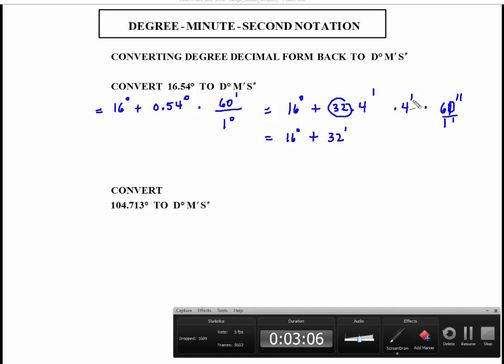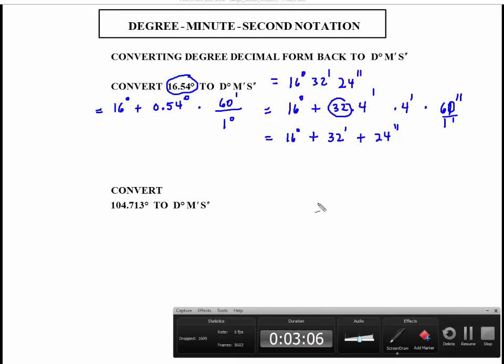The minutes would chop out, leaving you with 24 seconds. So in degree, minute, second form, 16.54 degrees would equal 16 degrees, 32 minutes, and 24 seconds. So you can go back and forth again.